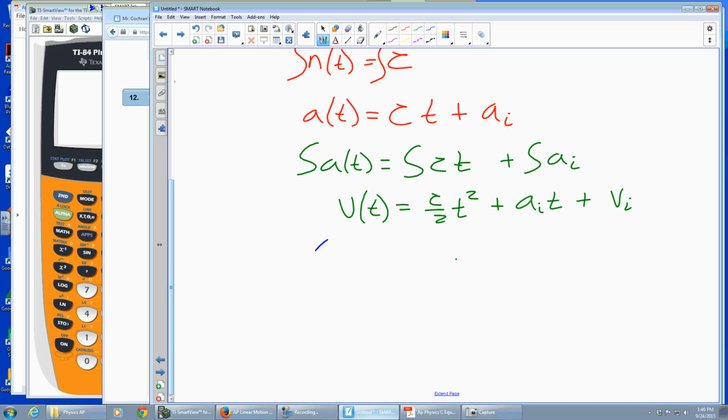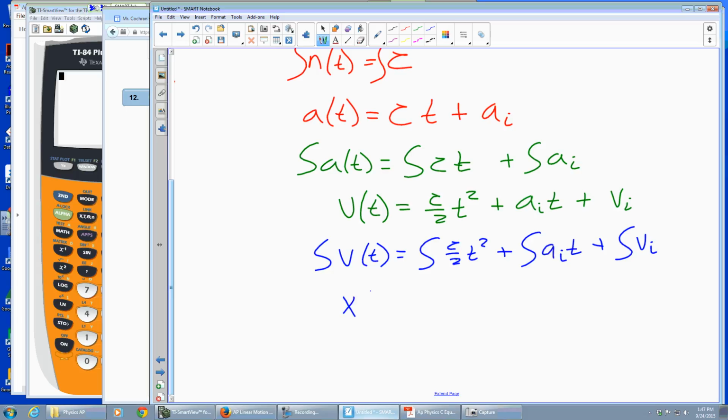If I integrate V with respect to T, I integrate these again, integrate them separately. I get position, which we're saying is X. This goes up to T cubed, which means I need to add a 3 down the bottom, which makes the bottom 6.